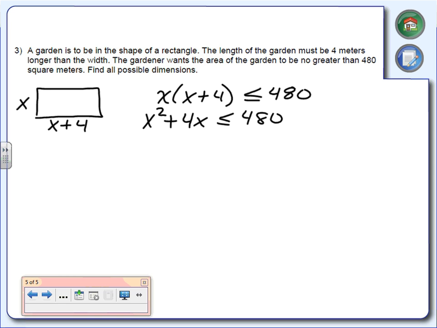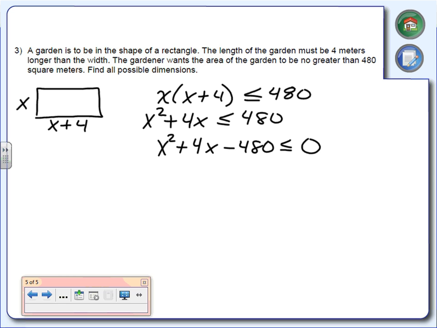Now, typically when we're working with a quadratic, we want to make sure it's equal to 0, because I can't factor or use the quadratic formula unless it's equal to 0. The same thing is true here. I'm going to have to move that 480 over to the left so that I can have this thing equal to 0, or in our case, less than or equal to 0. We've got to do that first.